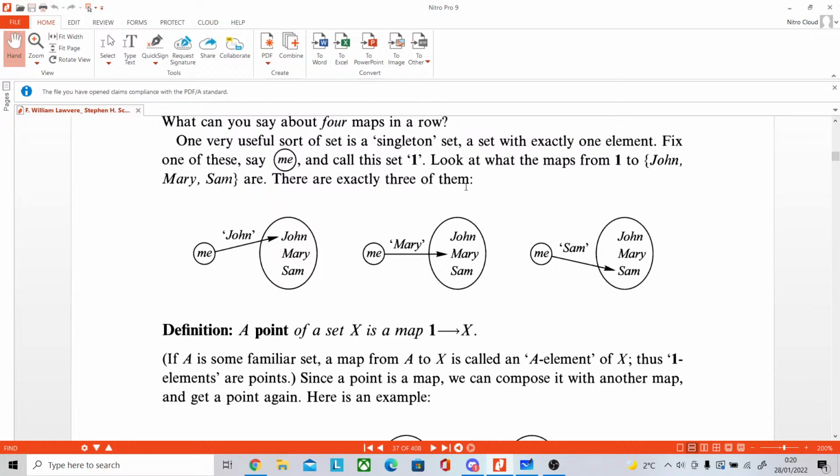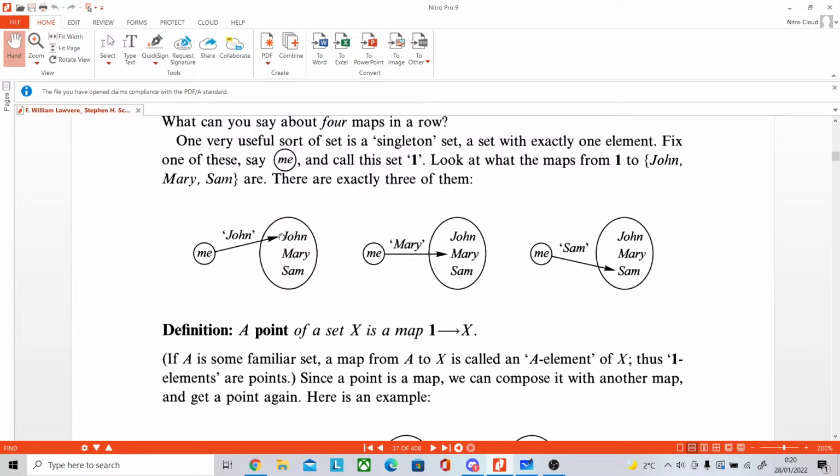So there are only 3 possible ways that you can create a map between this set that contains 1 object and a set that contains 3 objects. So a point of a set X is a map from 1 into X, because that map points only to a singular object in that set, right?